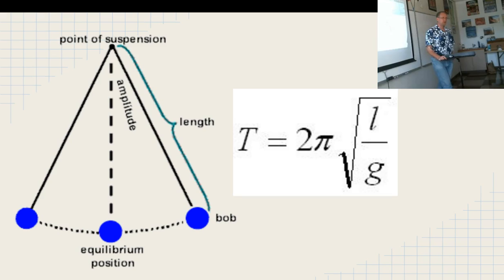It's 3.2 something. So pi is 3.14, and the square root of g is 3.2 something. So you can actually take the pi out and take the g out, and mathematically it's almost the same thing. It's not perfect, but it's really close.